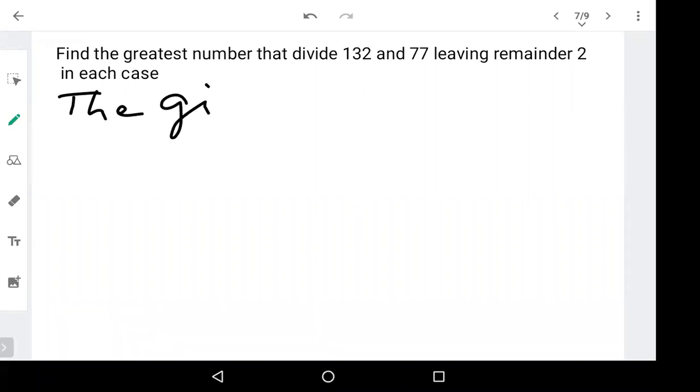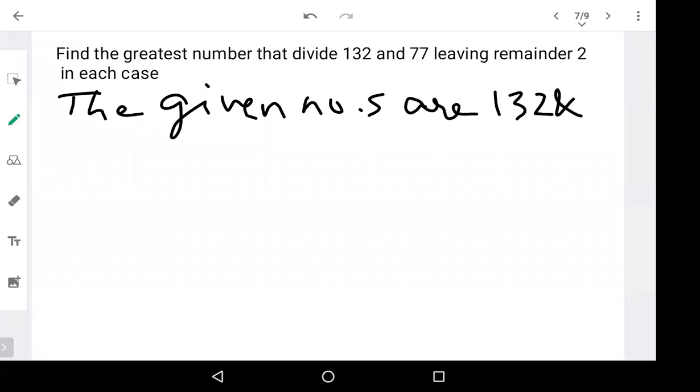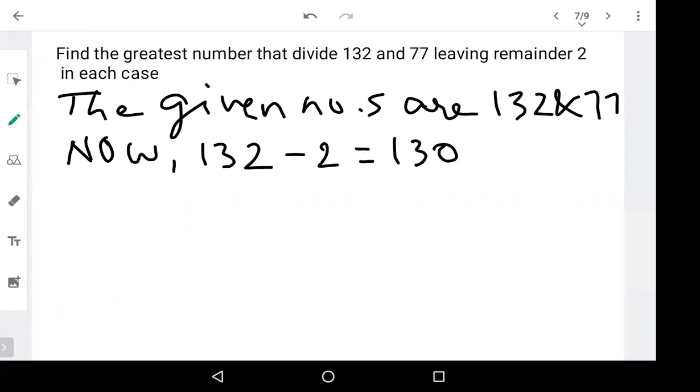The given numbers are 132 and 77. Now 132 minus 2, which is 130, and 77 minus 2, which is 75. Correct.